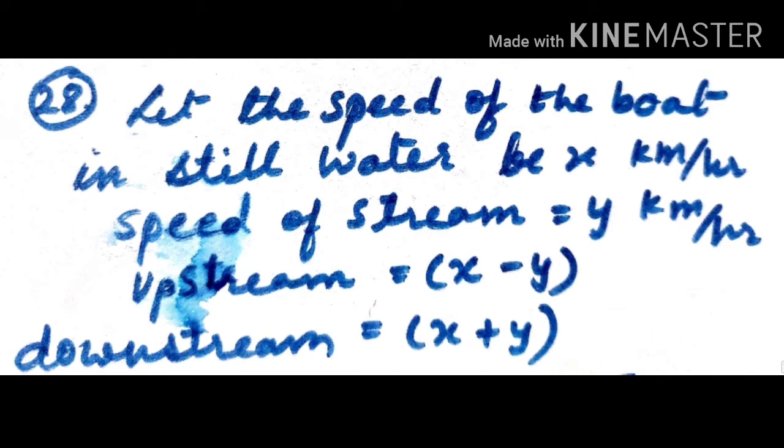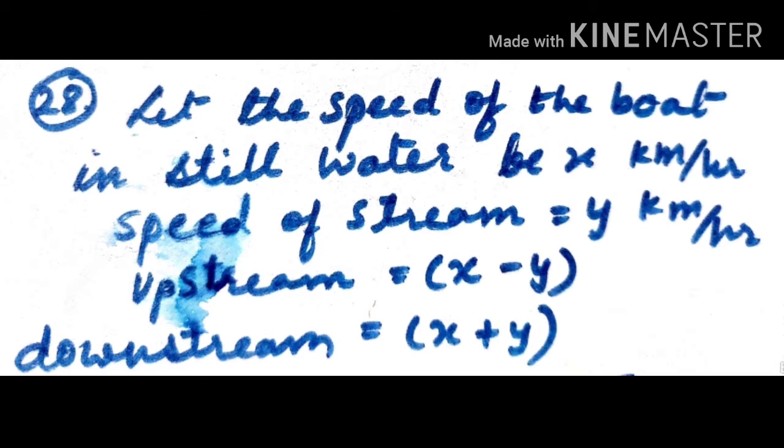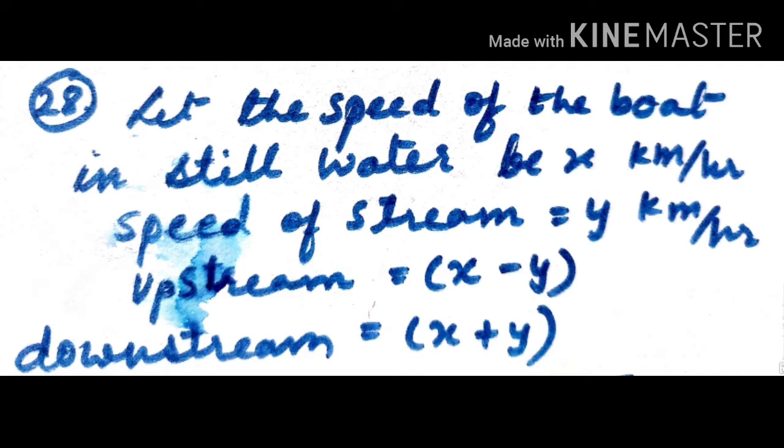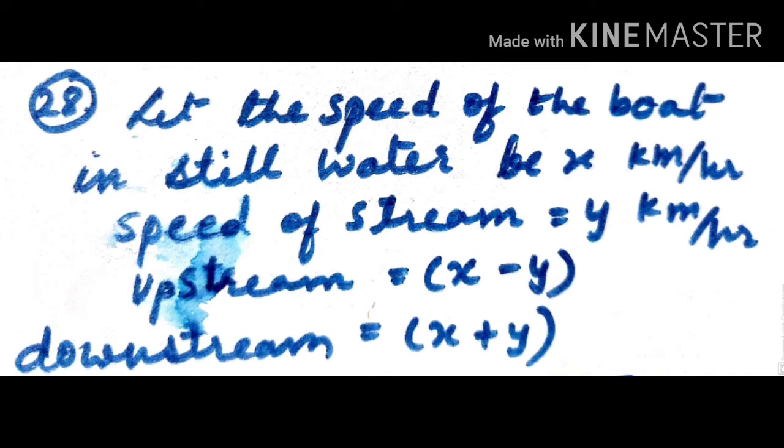So here I have written the speed of upstream is equal to x minus y. Why? Because upstream means we are moving upward. Whenever the boat is moving upward, its speed decreases. So we take the still water speed minus the speed of stream, that is x minus y.